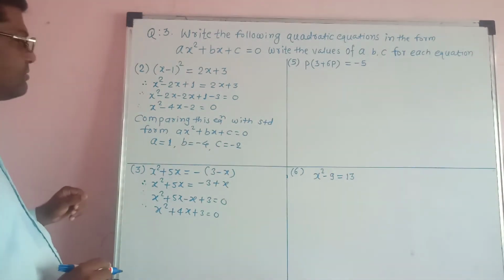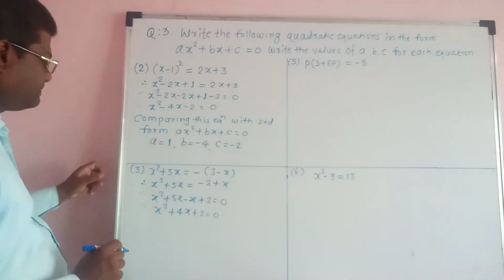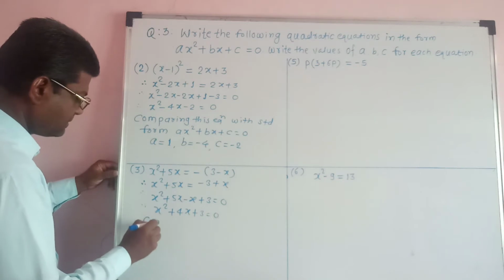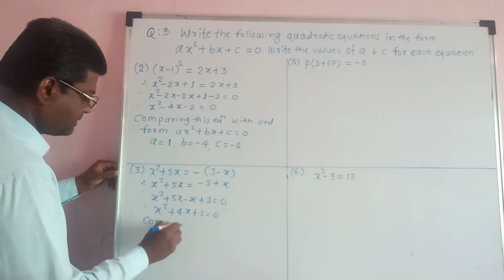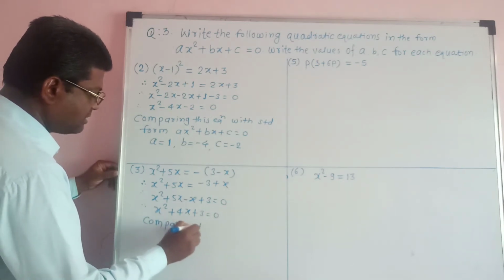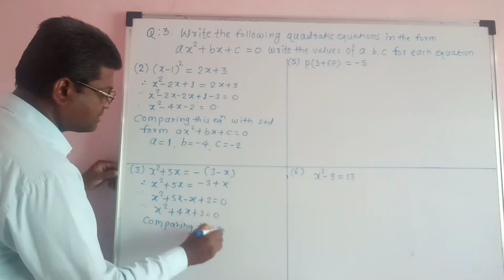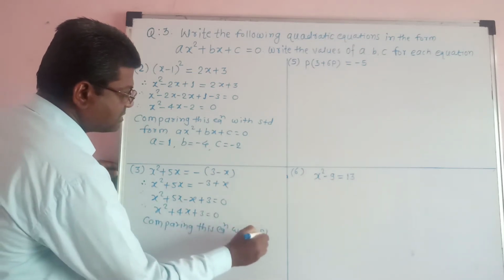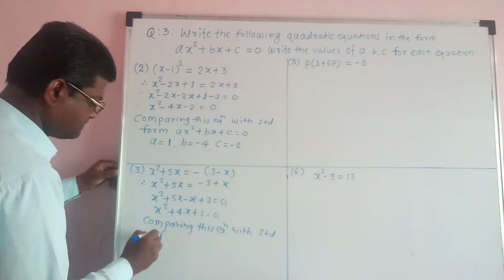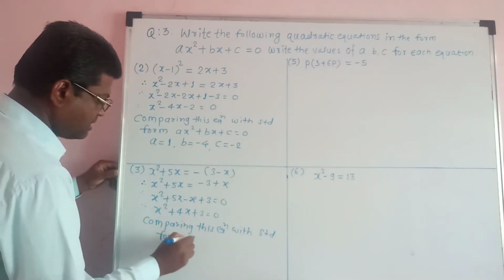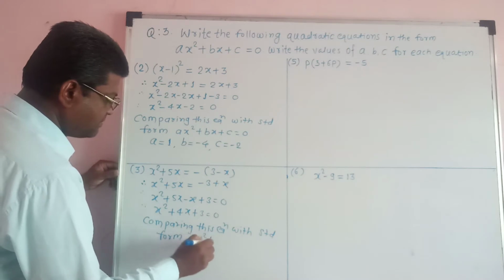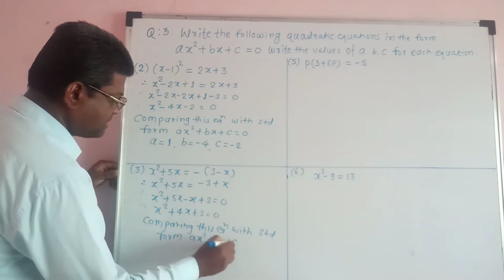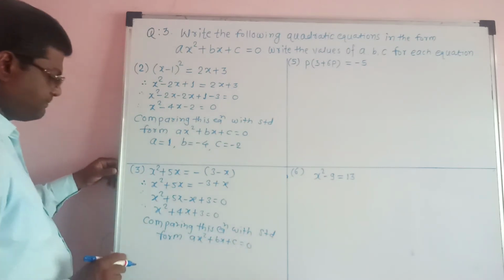Now compare this equation with its standard form. So we write, comparing this equation with standard form ax square plus bx plus c is equal to 0.